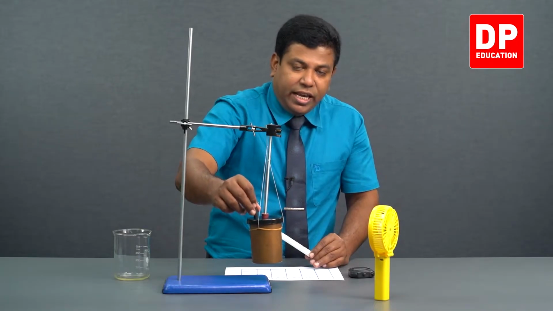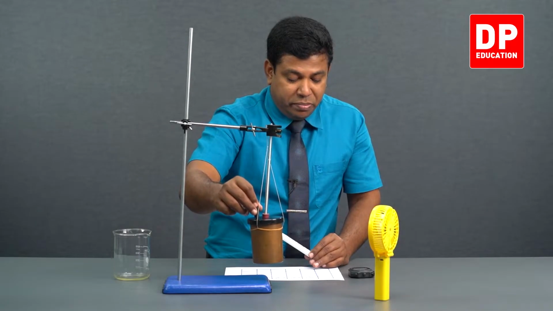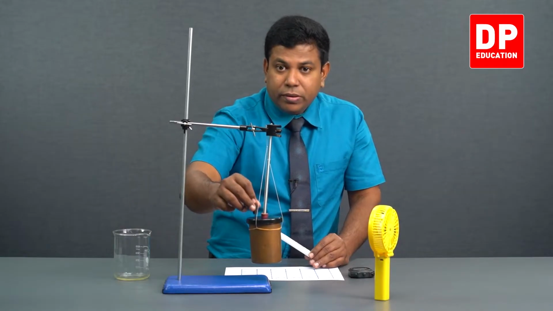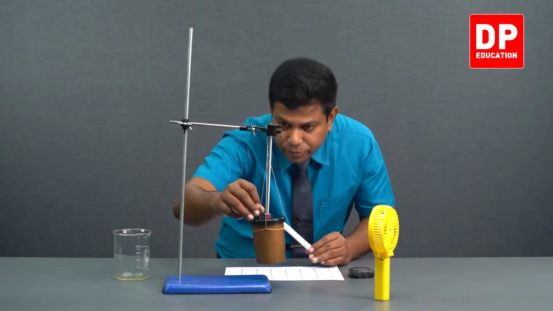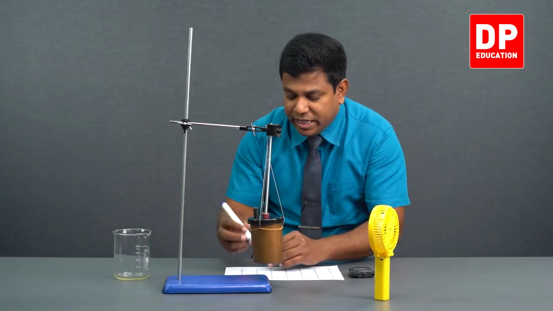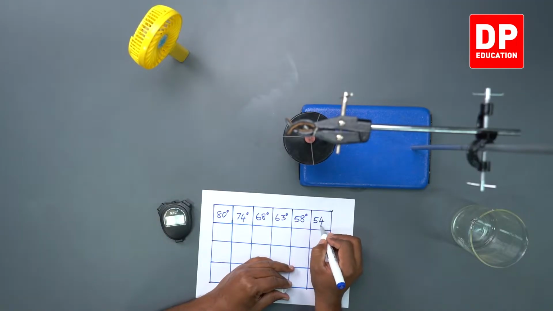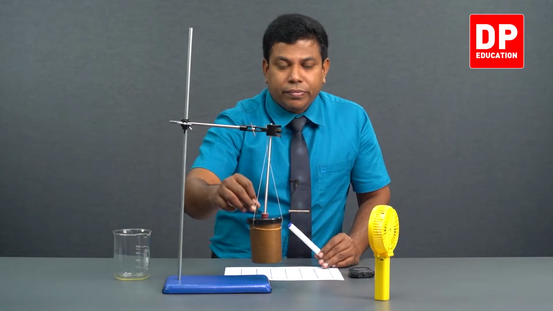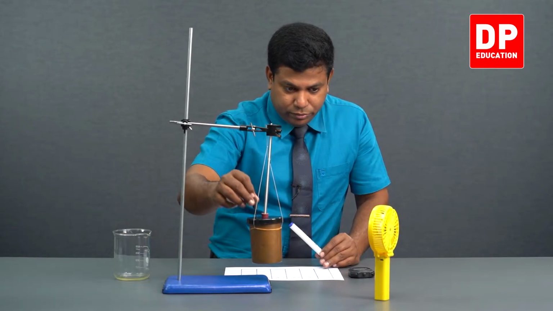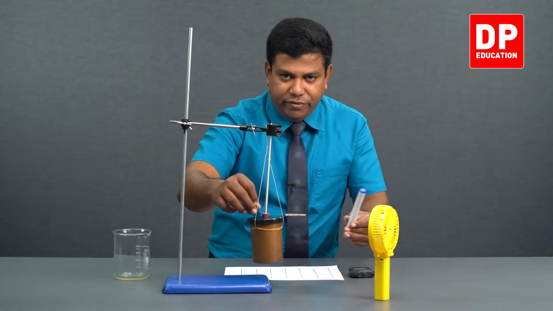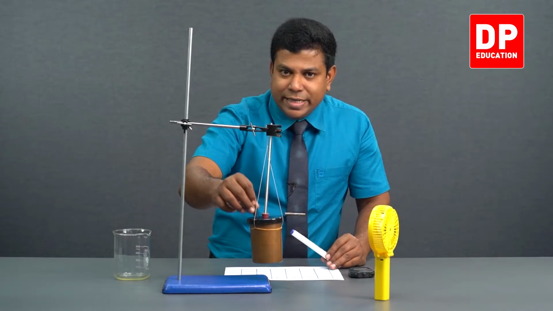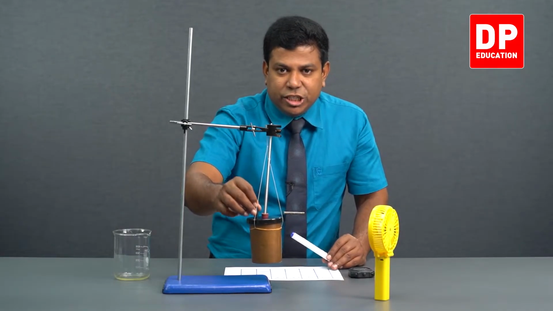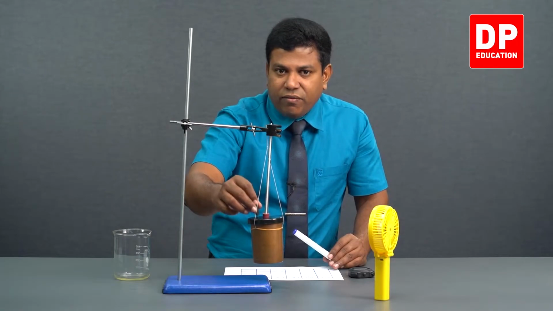Every 30 seconds, at equal interval, we are measuring the temperature. 54 degrees. Make sure the fan works at the same speed. The speed doesn't change so that constant airflow is maintained.